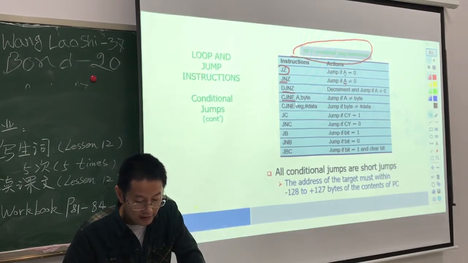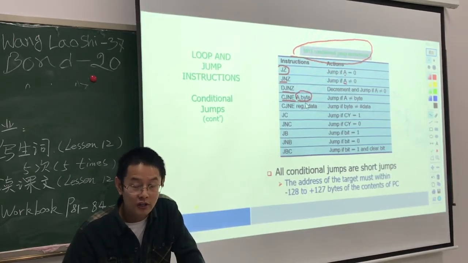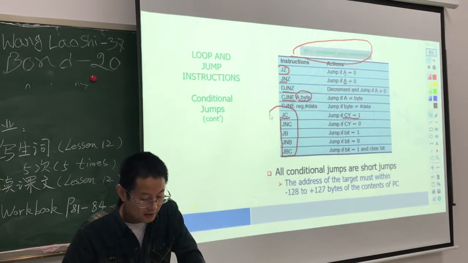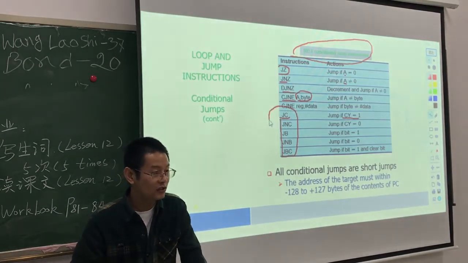CJNZ compares A with some value or some register. JC according to CY. You can understand these jump instructions.